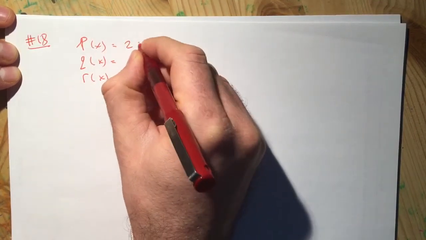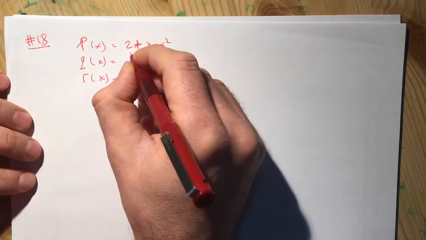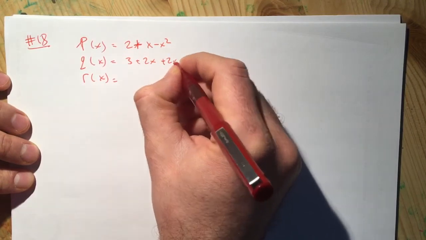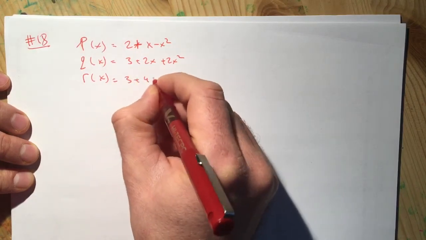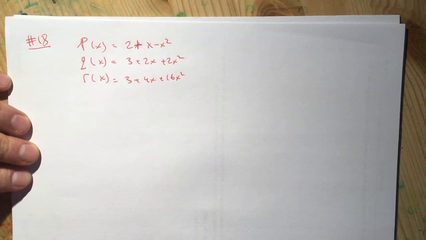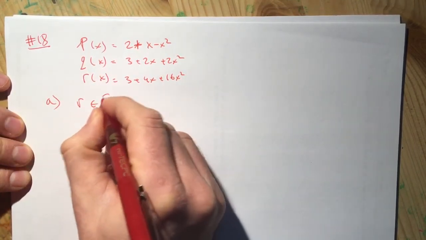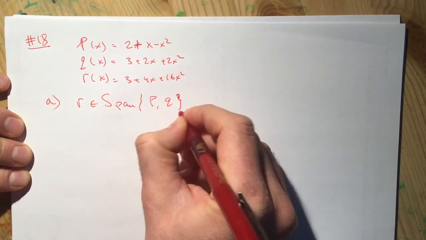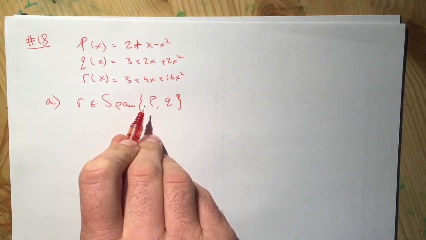So that's 2 plus x minus x squared, 3 plus 2x plus 2x squared, and 3 plus 4x plus 16x squared. The question is, show that R is in the span of P and Q, which means that R can be written as a linear combination of P and Q, right?